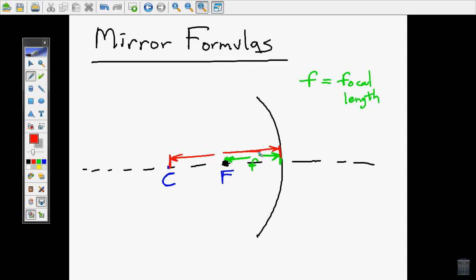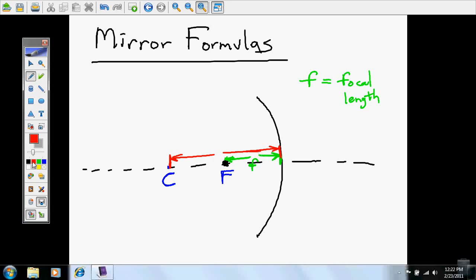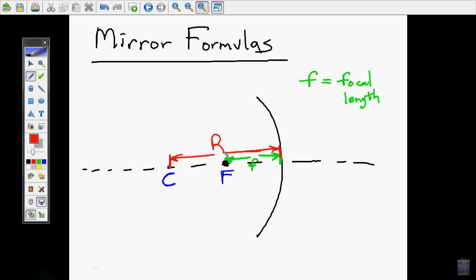If it's a spherical mirror, what's the distance from the circle to the center of the circle? Yeah, r for radius.